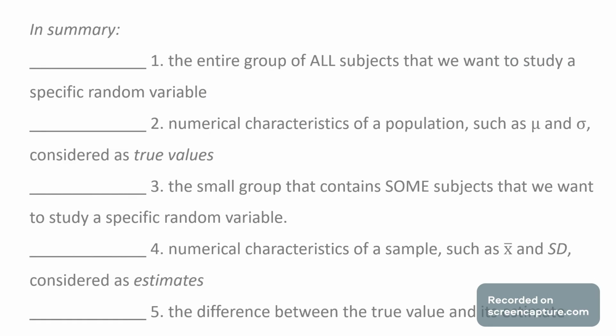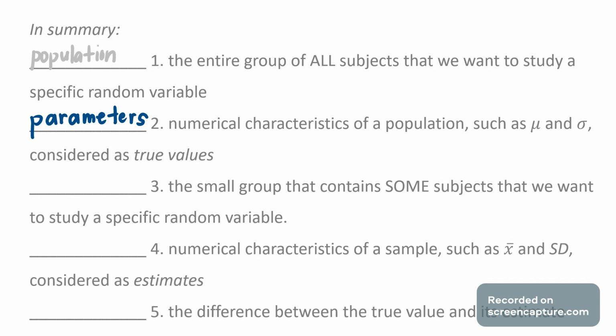Let's have a summary of what we've discussed so far. Number 1, the entire group of all subjects that we want to study a specific random variable. This is called the population. Second, the numerical characteristics of a population, such as mu and sigma, considered as true values. This is called parameters. Third, the small group that contains some subjects that we want to study a specific random variable.